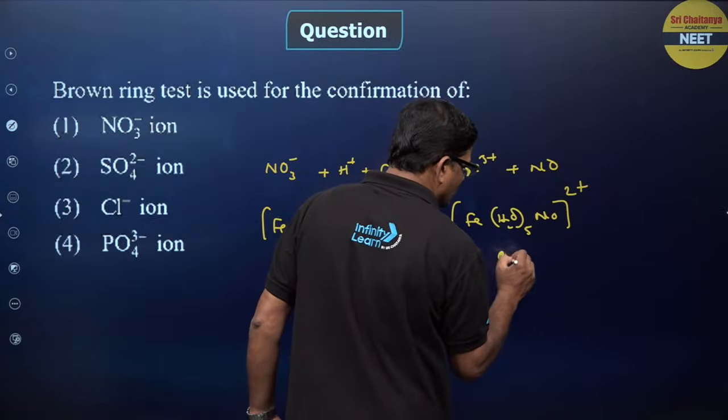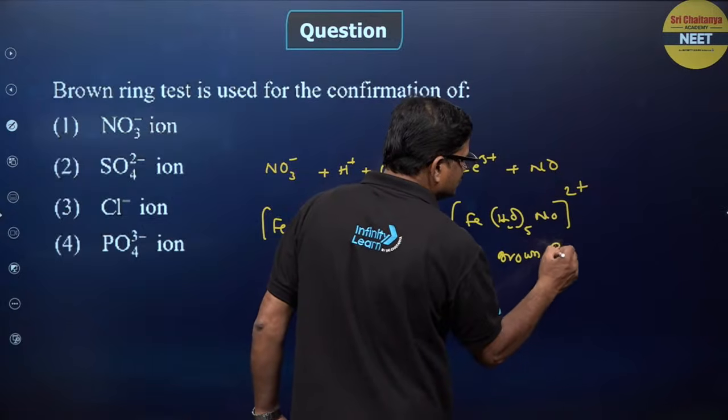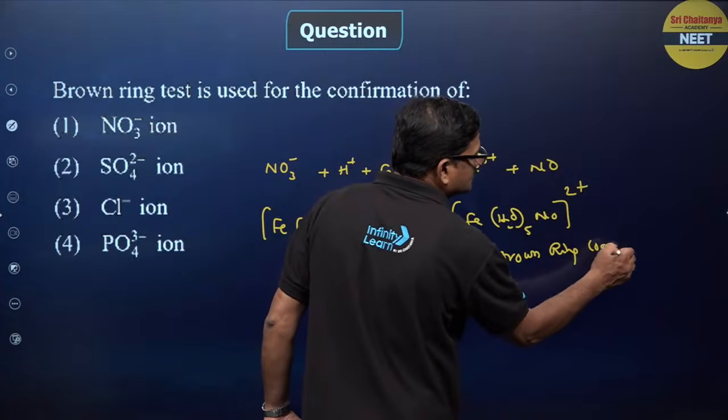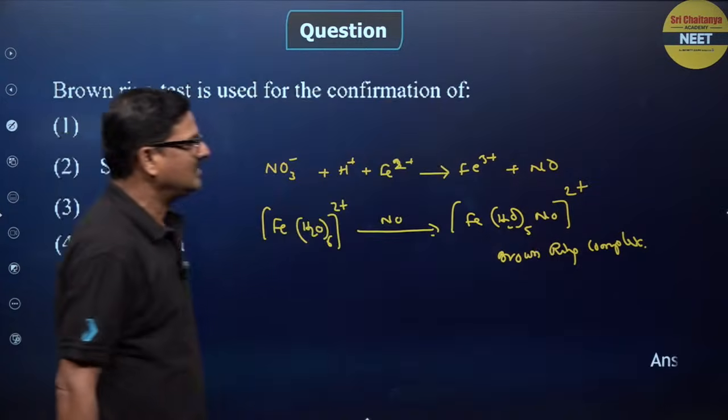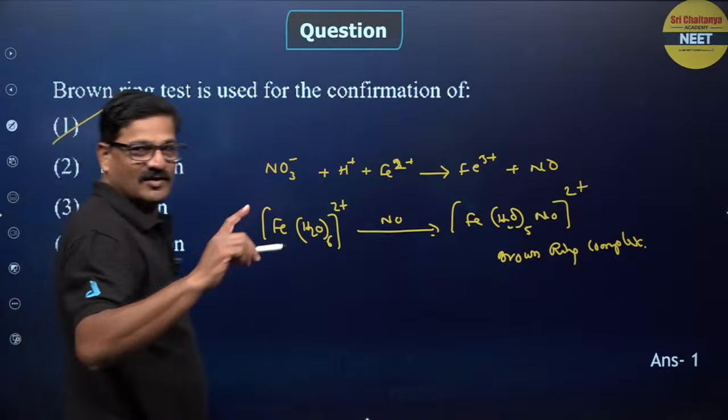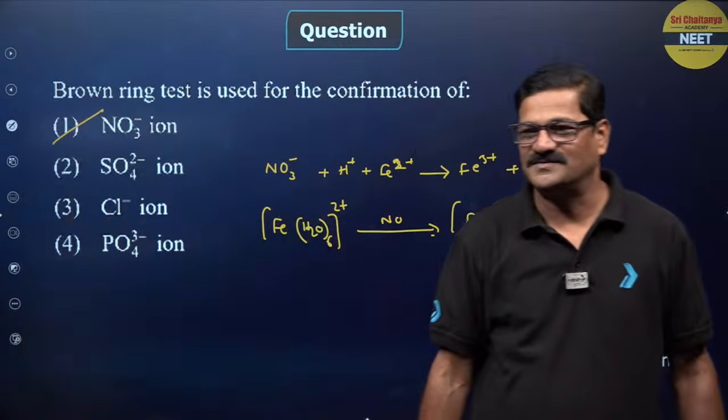This is a brown ring complex. You got it? Clear? The answer is going to be nitrate ion. Fantastic. That's good.